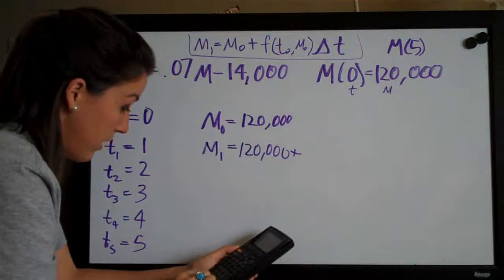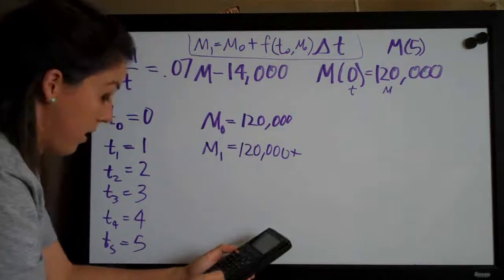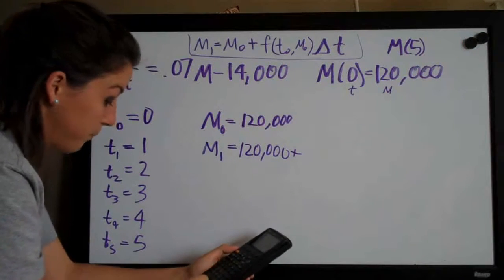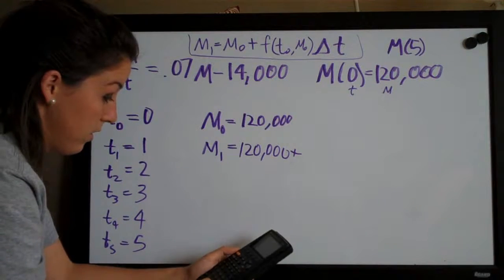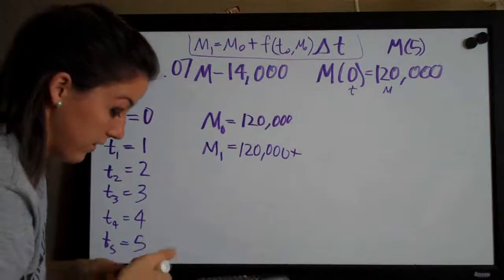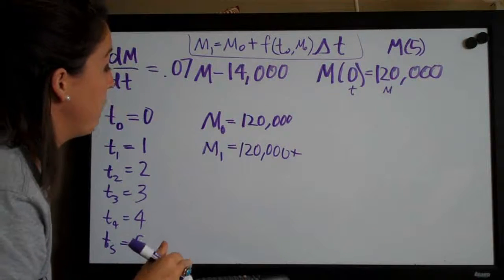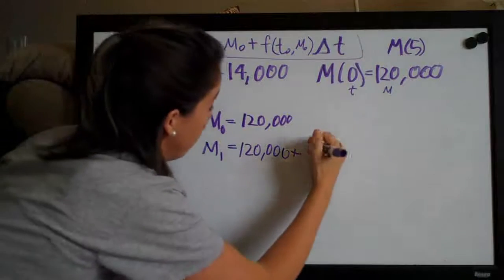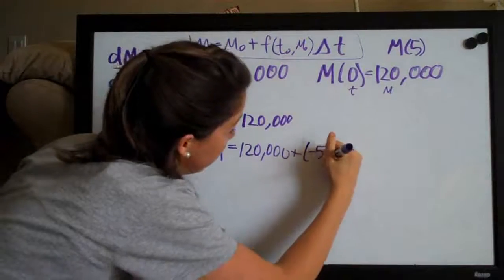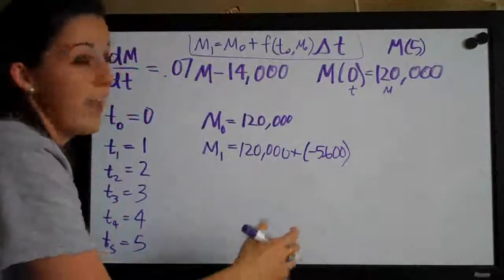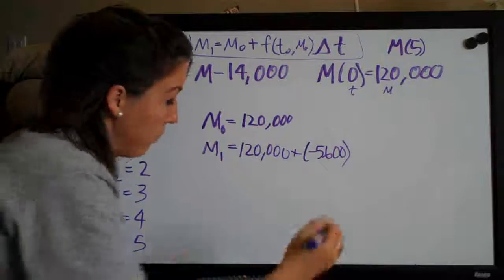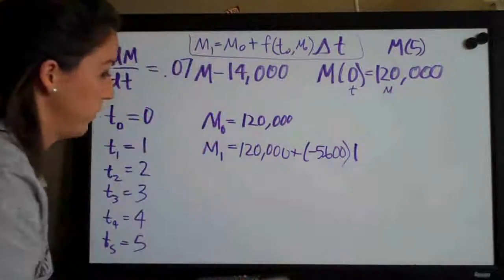So 120,000 times 0.07 minus 14,000. So it's negative 5,600. So that is going to be negative 5,600. And then times delta t, and delta t was defined as 1, so we just multiply by 1, which is really unnecessary.